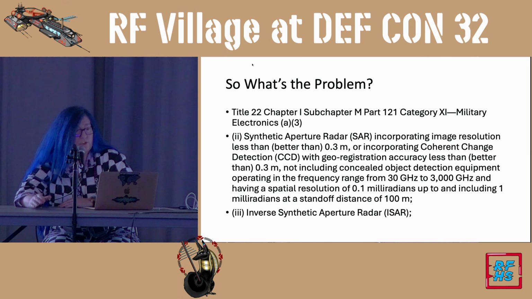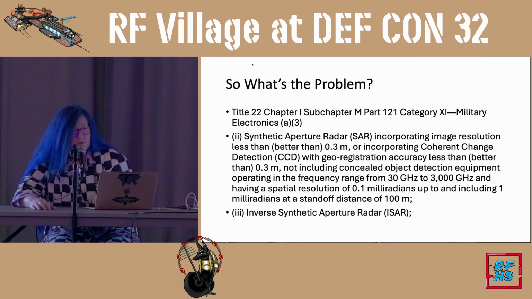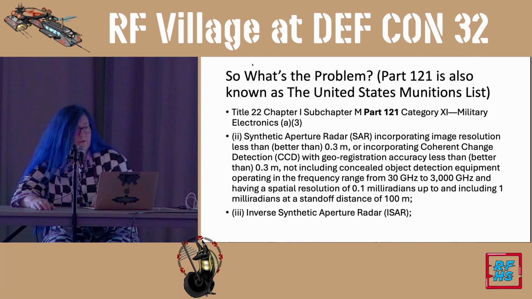So Title 22, Chapter I, Subchapter M, and it lists synthetic aperture radar, incorporating image resolution of 0.3 meters or better, and a bunch of other stuff. I'm like, oh, that's interesting. And it also lists something called inverse synthetic aperture radar. So, okay, fine, SAR is listed in the federal code somewhere, big deal. Well, this part of the federal code is known as the United States Munitions List, meaning that SAR is listed as a munition.